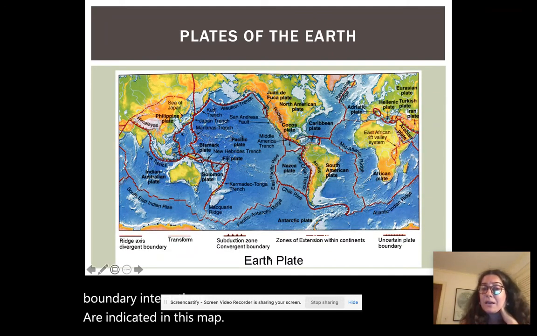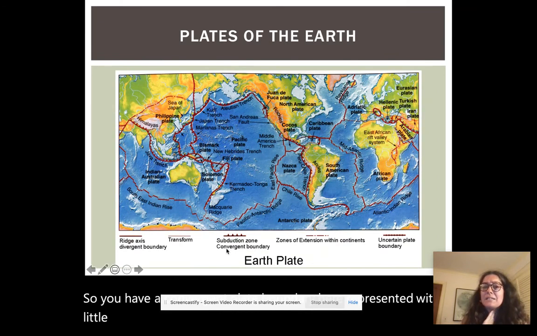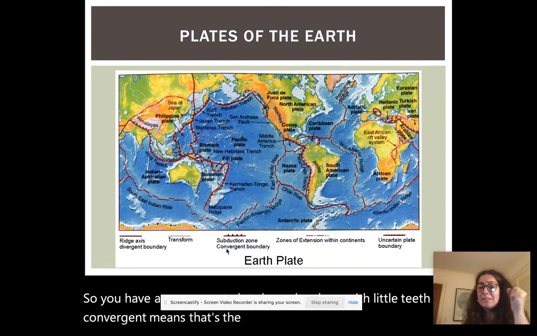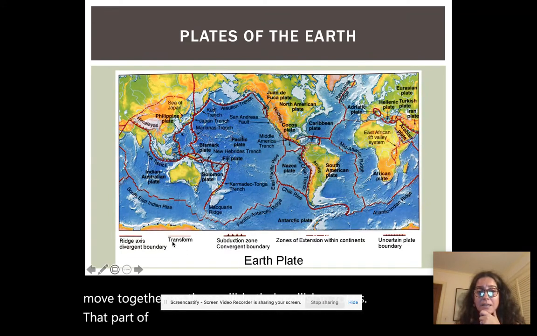So you have a convergent plate boundary, here represented with little teeth. Convergent means that's the location where plates interact and move together, so they collide. They're collision zones. This part of the legend is going to indicate a transform boundary, a very simple light pink-red line.